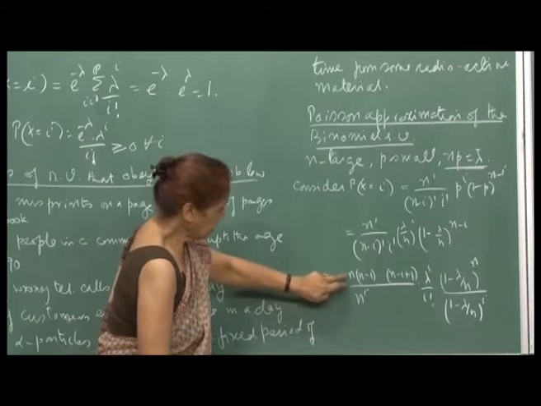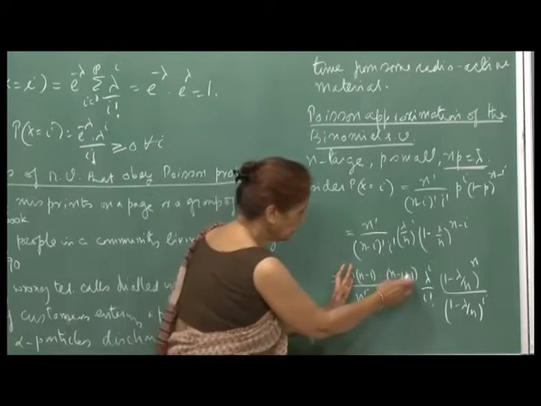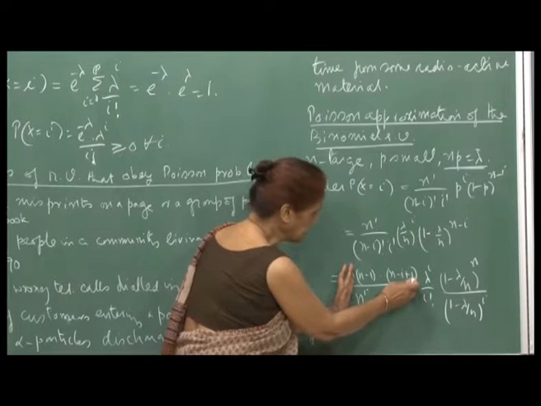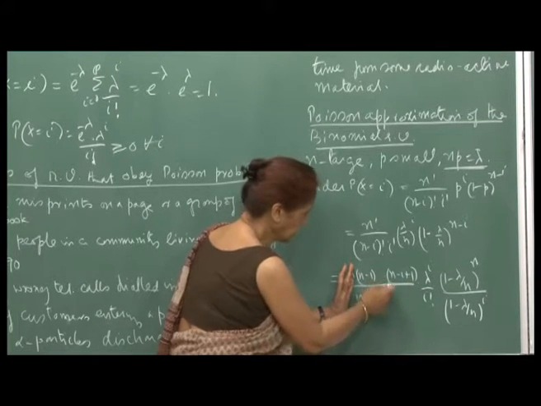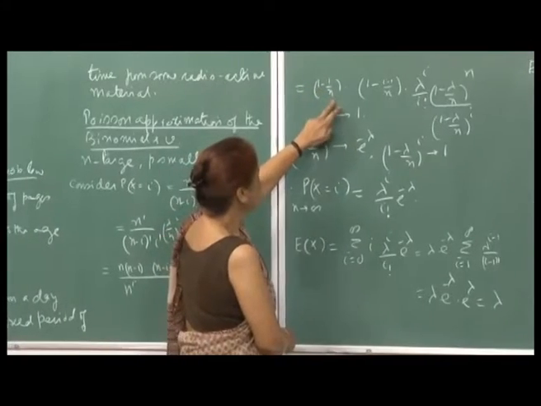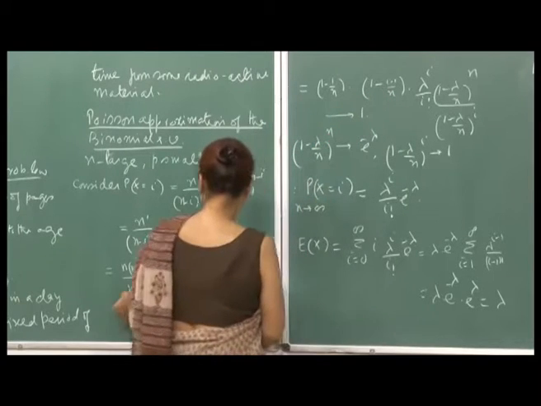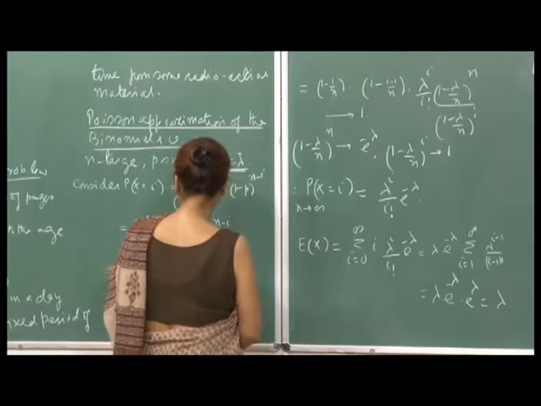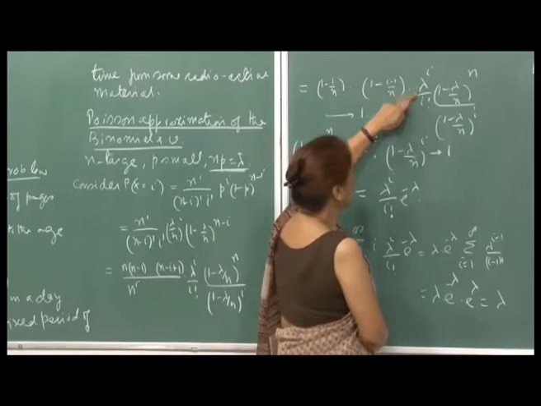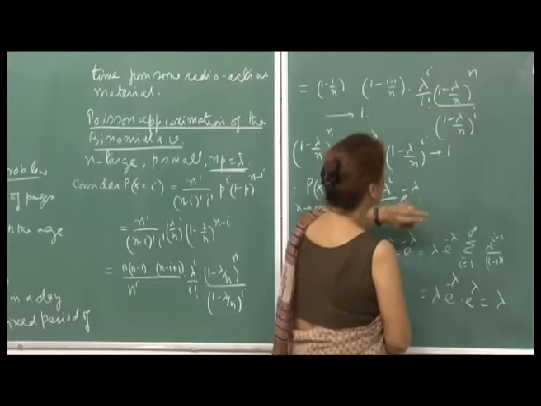Now, this n cancels, and I am left with n raised to i minus 1, and you will have i minus 1 terms here. So, I take n inside and divide. Therefore, each of these terms becomes 1 minus 1 by n, 1 minus i minus 1 by n, right. So, this n raised to i gets absorbed here: lambda raised to i upon i factorial, 1 minus lambda by n raised to n, and this.